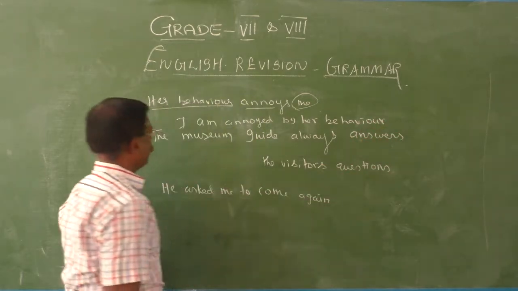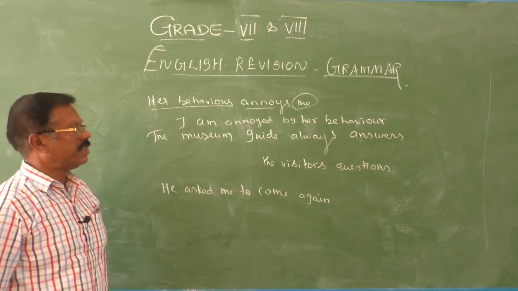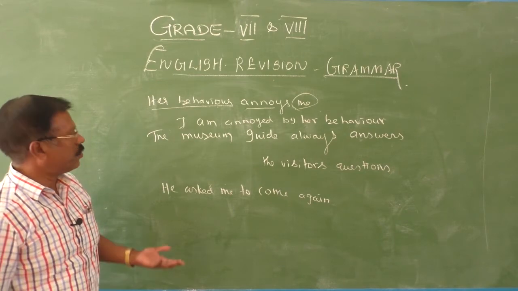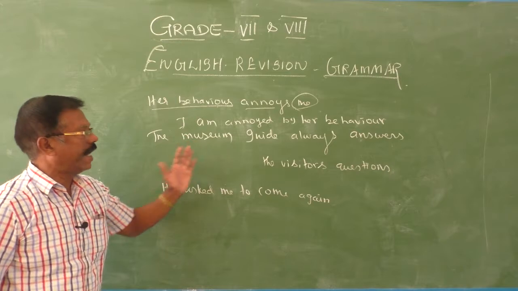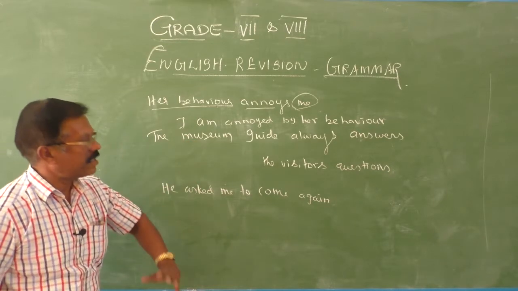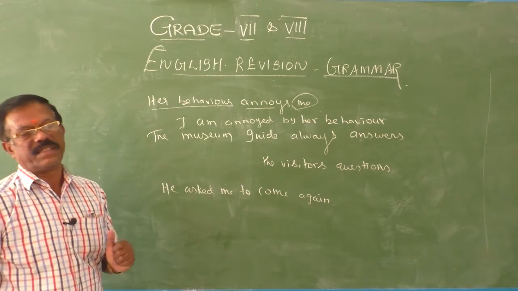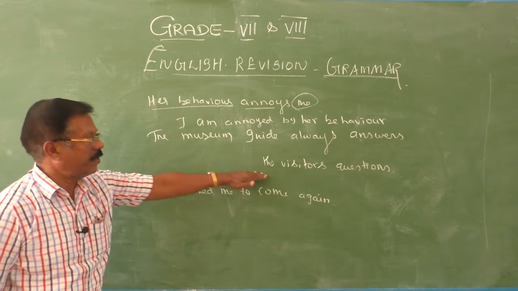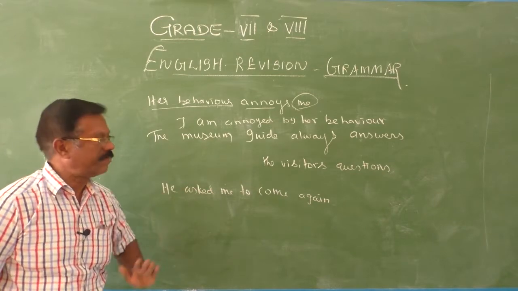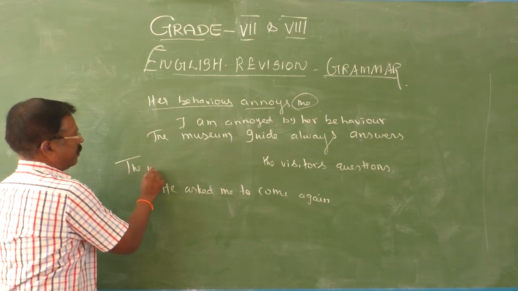Okay, the second one. The museum guide always answers the visitors' questions. Here, the museum guide is a subject. Always is an adverb. Answers is a verb, present form. The visitors' questions is an object. So that should be changed into a subject. See the answer.